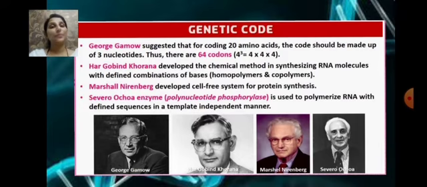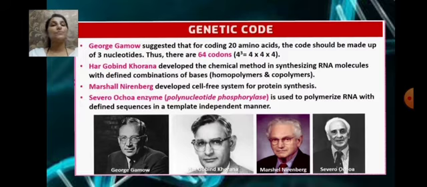Thus, we get 64 codons. That means 4 raised to 3 is equal to 64. So, George Gamow suggested that for coding 20 amino acids, the code should be made up of 3 nucleotides. As a result, we obtain 64 codons.